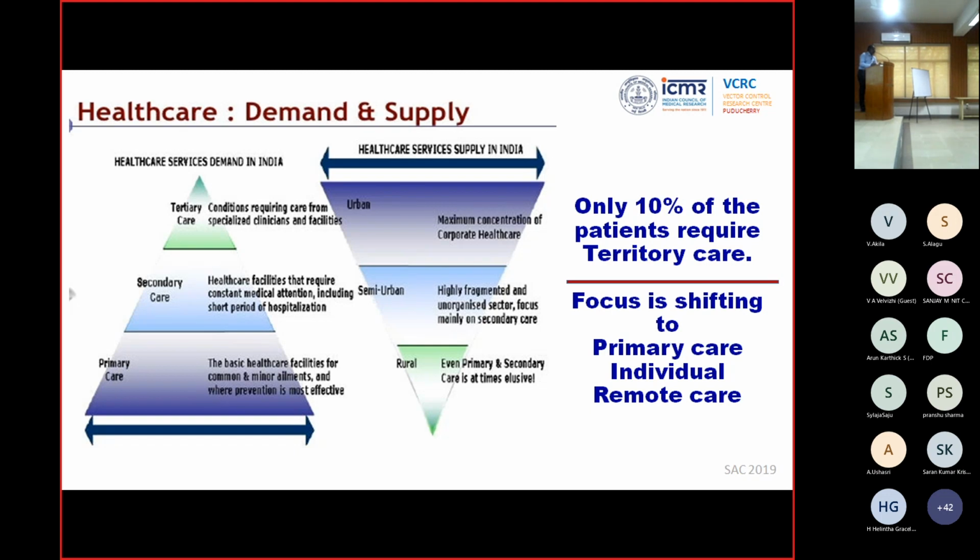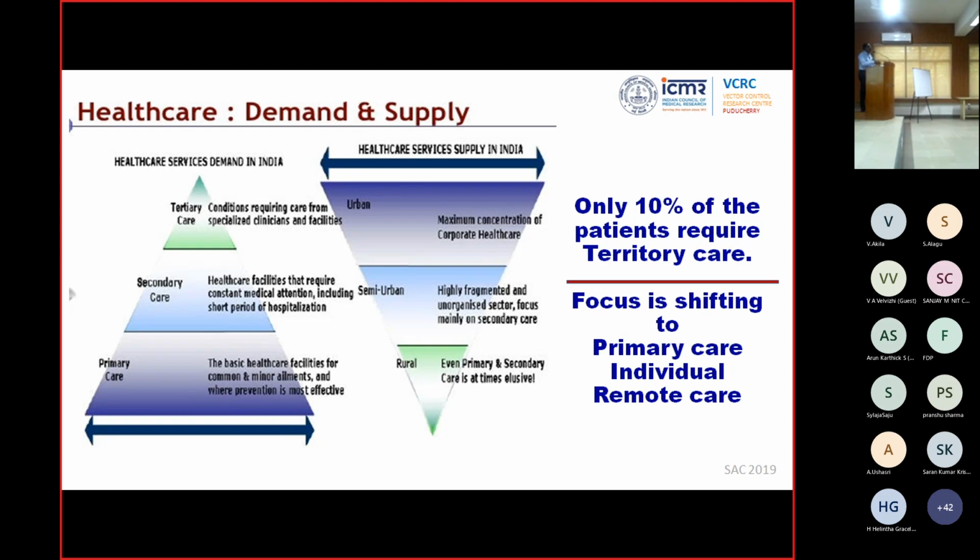This scenario is going to change in a couple of decades, so that there will be equality, because the WHO now states equity in access to healthcare. Once equity in access to healthcare is established, there would not be any urban and rural debate. Whatever medical treatment the urban people have access to should be made available to the rural population also. So that divide is going to narrow down.